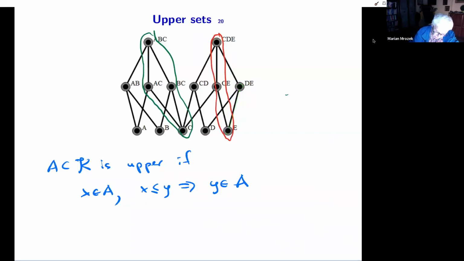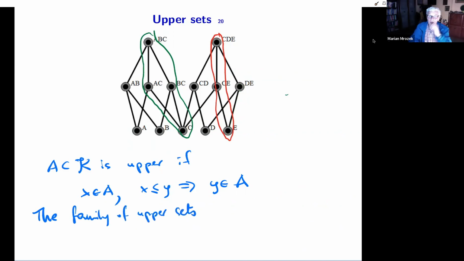And it turns out that the family of upper sets in a finite poset forms a T0 topology on, let's call it X. No, sorry.